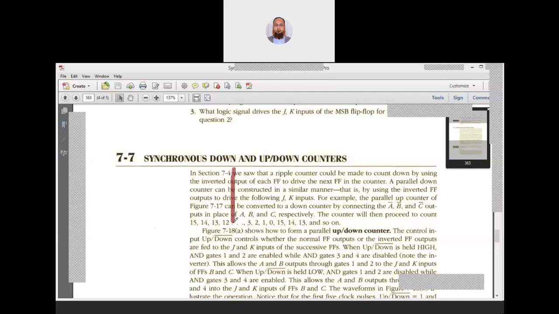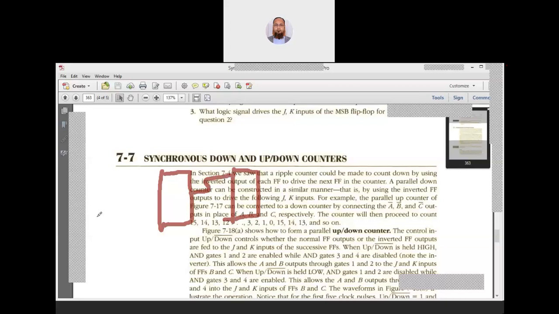And what was there in the previous state output? Okay, in the asynchronous counters, if you are using the up counters, the output of this flip flop was going into the next flip flop as a clock.